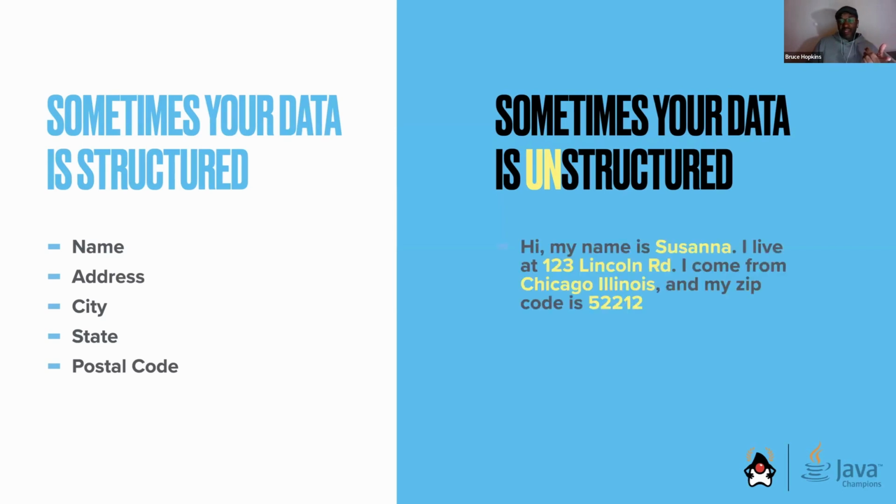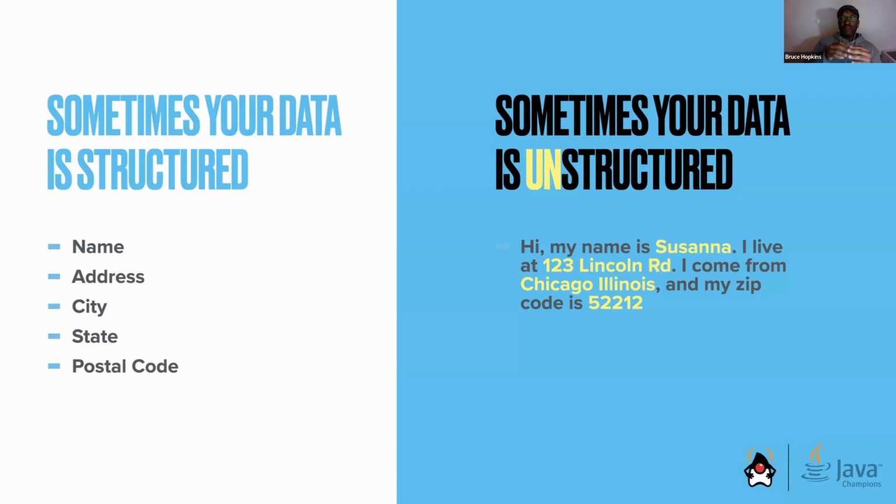But then other times, your data is unstructured. So in those cases, a customer may provide, for instance, in the case of tech support, they can say, hello, my name is X, I live here, I come from this city, my postal code is this. That data is unstructured.